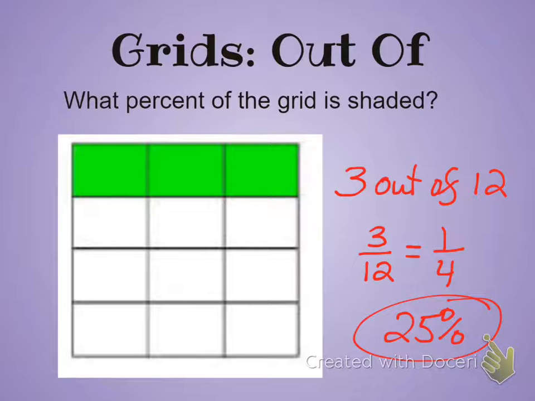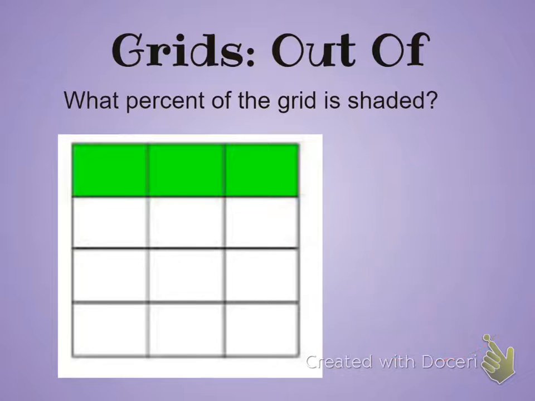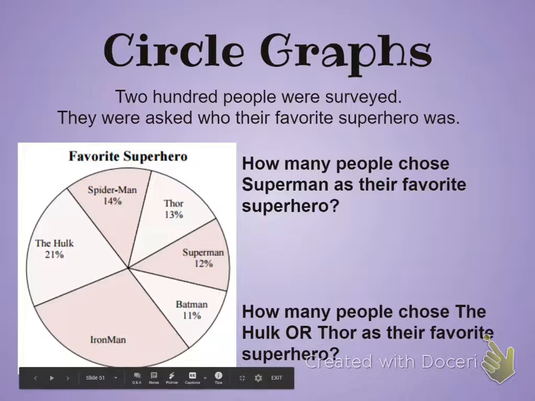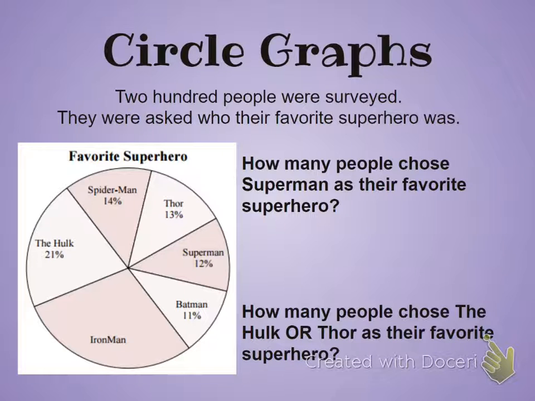Okay. Last one, I think it's pretty simple, but we just need to make sure everybody's got it. Okay, so now this one. 200 people were surveyed, and they were asked who their favorite superhero was. Okay, so our question says, and these are all in percents, right? This is in your notes because I'm pretty sure you can't read that. So how many people chose Superman?